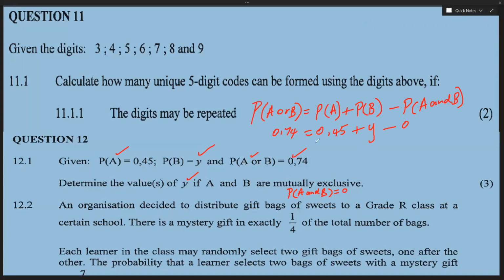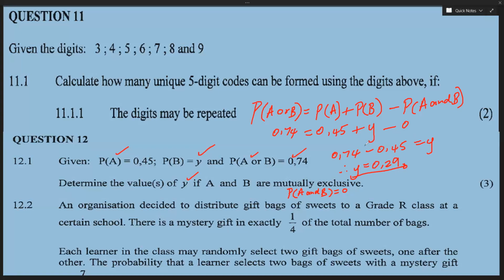Okay, so I have 0.74 minus 0.45 equals Y, right? Therefore, Y must be equal to 0.29. So it must give us 0.29. If you press it on a calculator, it should give you 0.29.